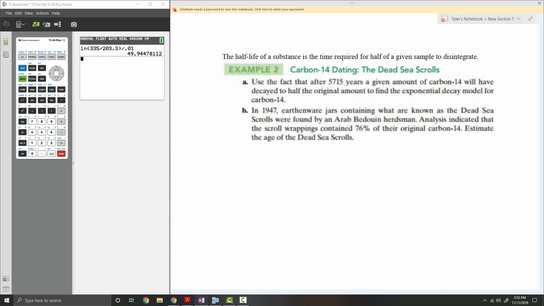So in our example, it says, use the fact that after 5,715 years, a given amount of carbon-14 will have decayed to half the original amount to find the exponential decay model for carbon-14. In looking at part A, just to make this clear, initially you're going to have 100% of your carbon-14.